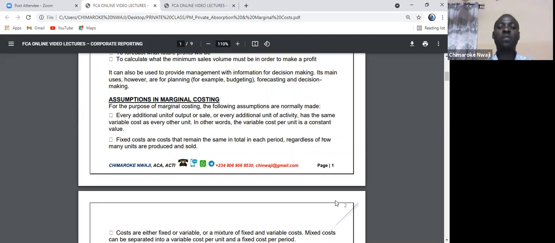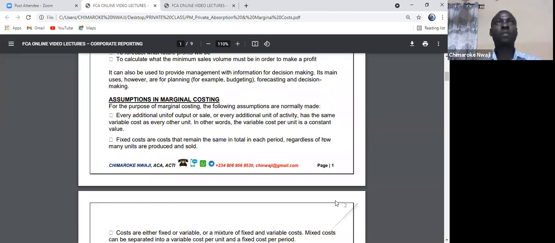Now, it means that variable cost is constant when you are measuring it per unit. So 1 piece of egg is 100 naira per unit. It's constant. But if you are looking at variable costs in totality, variable cost varies. So that's where the name came about. Variable cost varies in totality, but it is constant per unit.